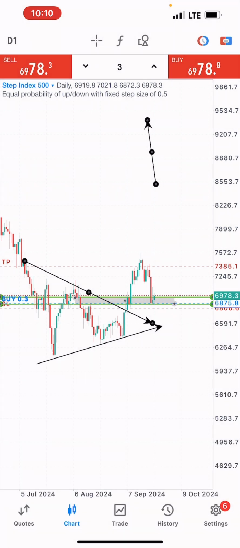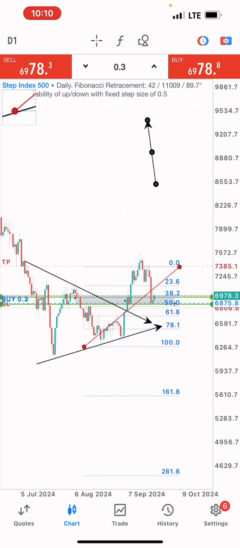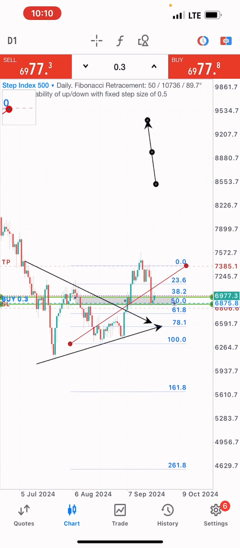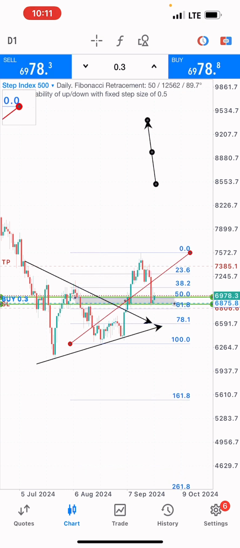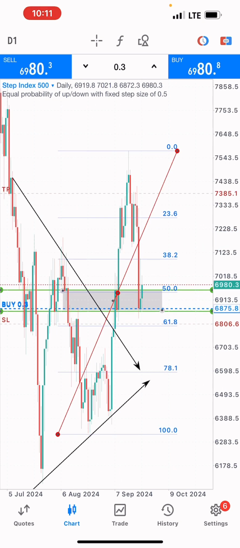The second reason is this. Let me just pick my Fibonacci. From this latest swing low to the swing high, what do we have? We have the market being below our 50 and then 60%.